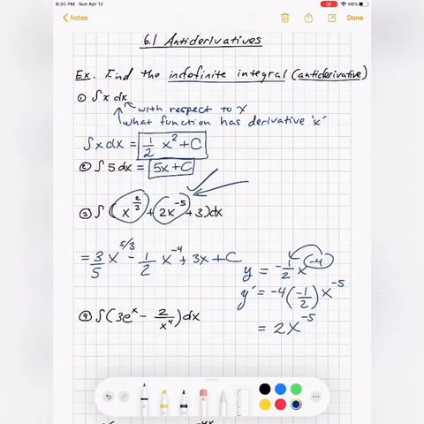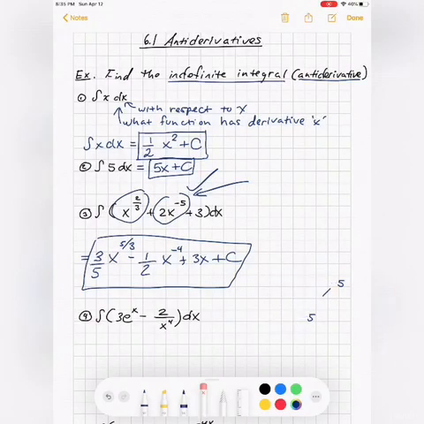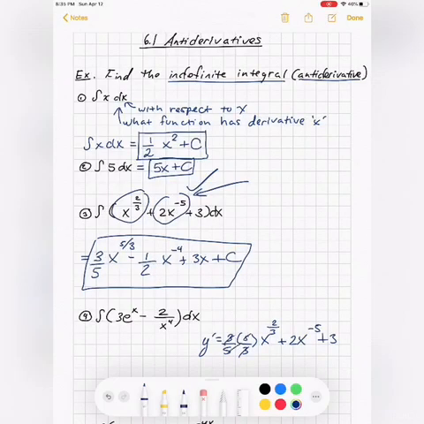And then I guess plus any constant. Should I double check this and just make sure I get the correct derivative? So I'd have 3/5 times 5/3, so then cancel, cancel. I'd have x to the 2/3, 2x to the -5 plus 3. Looks like I got that correct.